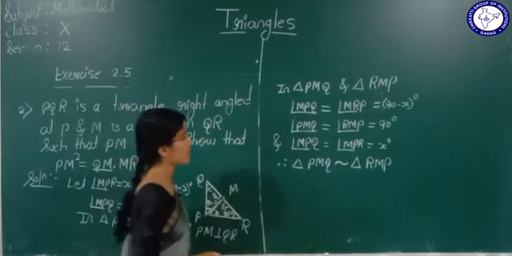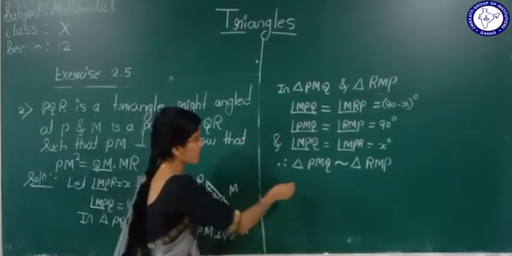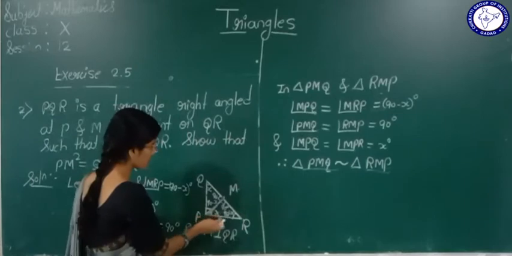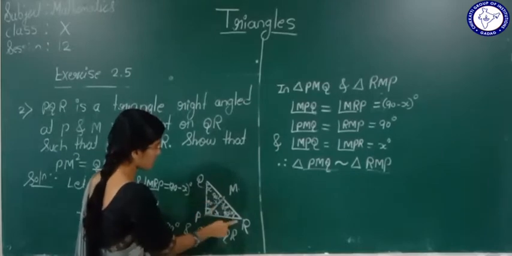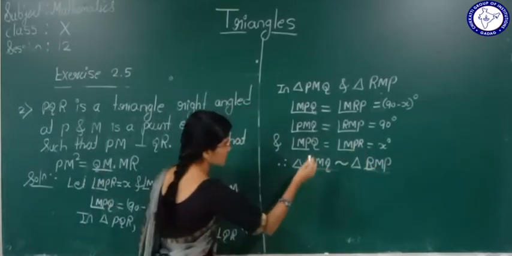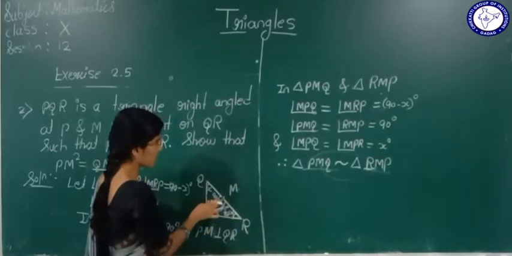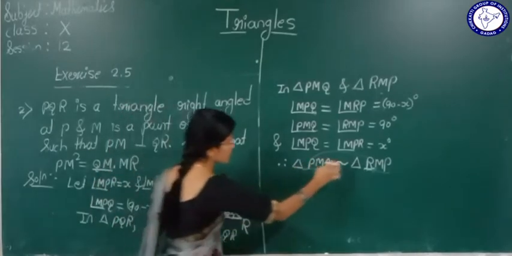Now see here, the corresponding angles should be the same. You can't write however you want. In triangle PMQ, angle P is 90 minus X, here angle R is 90 minus X. Angle M is 90 degree, here also angle M is 90 degree.